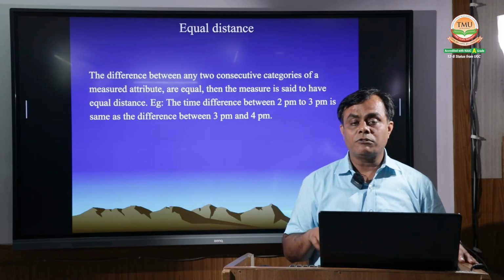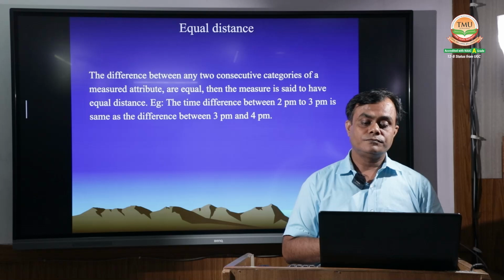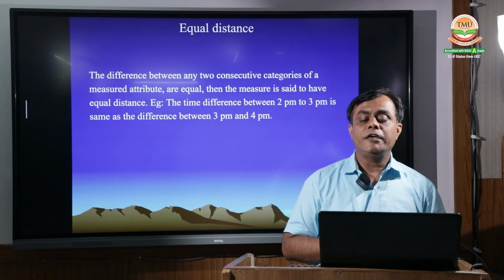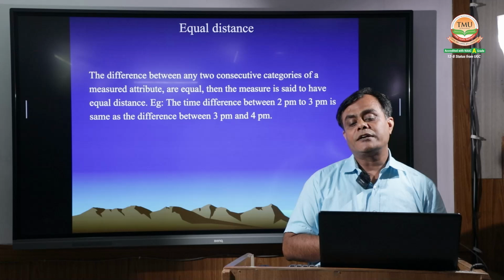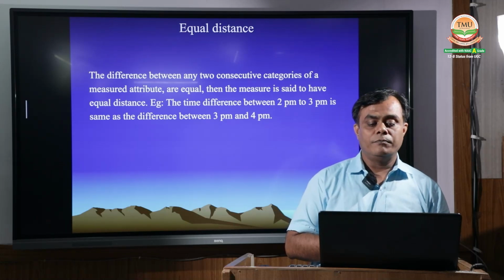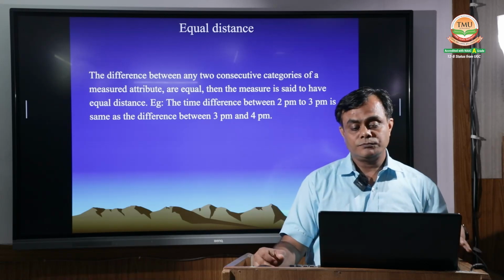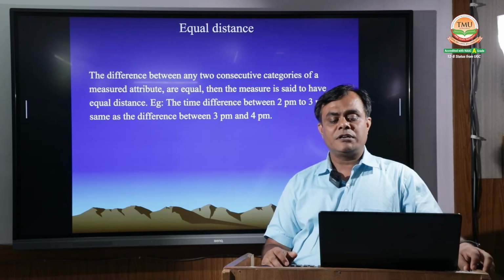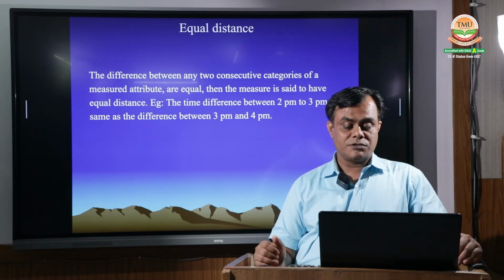Next is equal distribution, equal distance. The difference between any two consecutive categories of a measured attribute is equal. So if you are talking about a particular category, there is an equal distance.